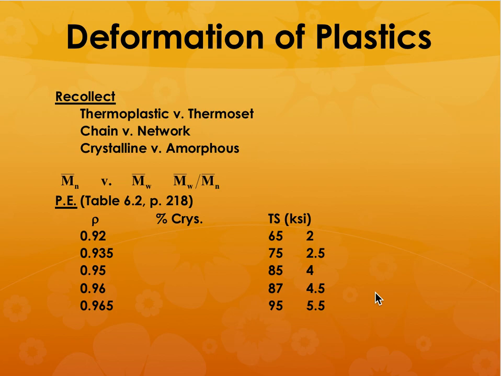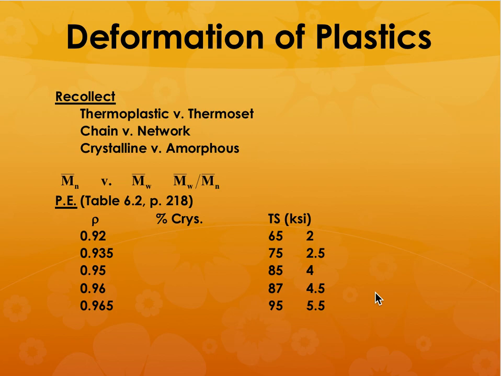So I hope you remember some of these concepts from your ENSC 3313. So if you look at the properties of these materials, the degree of crystallinity and the density of the material as well as the strength of the material is well linked.